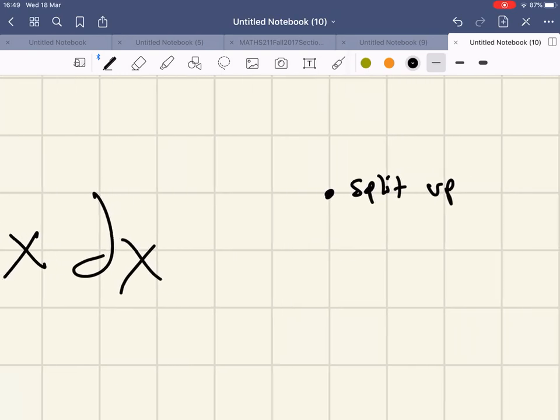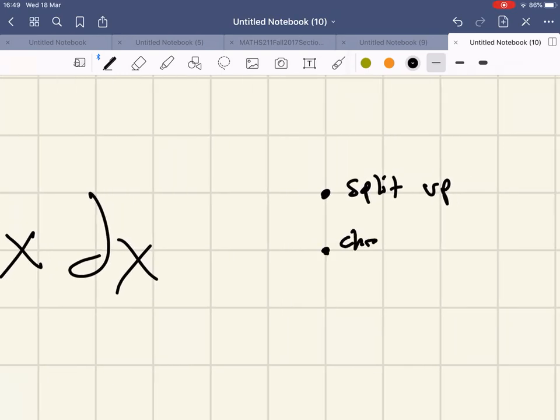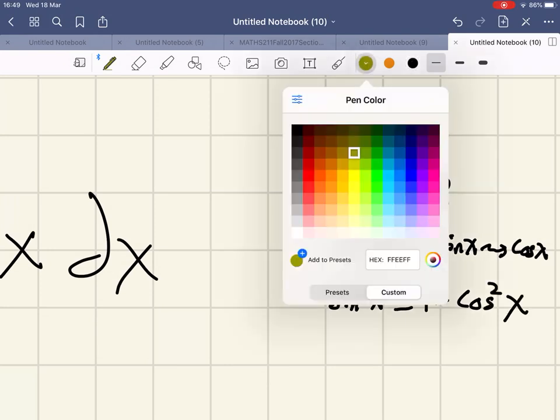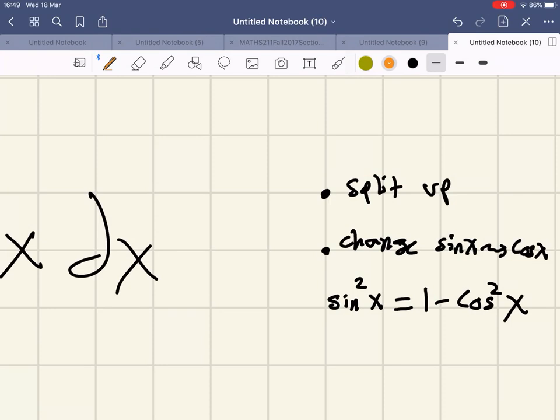Now, how do we change sine into cosine? You remember this formula: sine squared x equals 1 minus cosine squared x. Similarly, if you decided to change cosine x into sine x, all you need to do is cosine squared x equals 1 minus sine squared x.